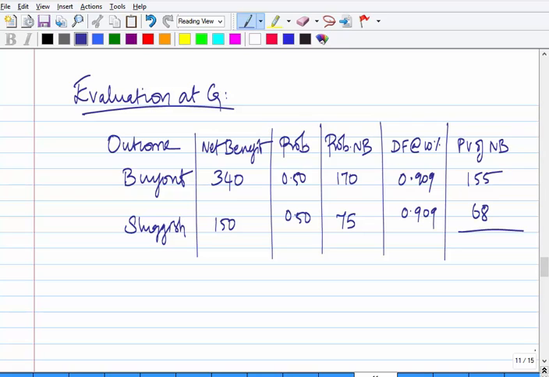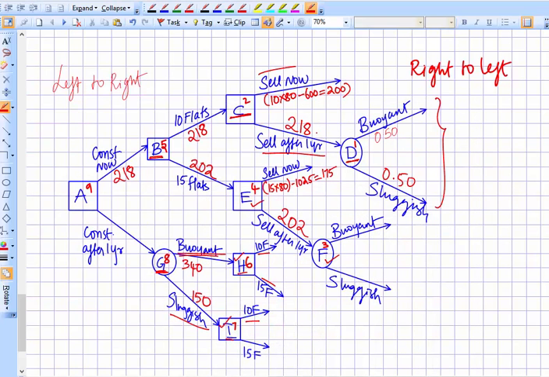So I'm keeping it at 68. So if I total this, I get 223. So this is the present value of net benefit if I'm going to construct after 1 year. So let me go back to the diagram. In the diagram, I indicate that if I am going to construct after 1 year, the net benefit I get is 223.